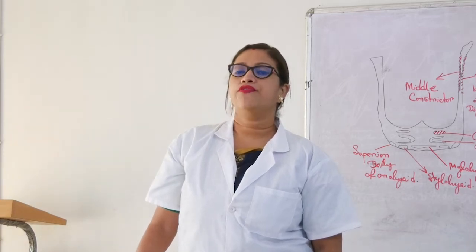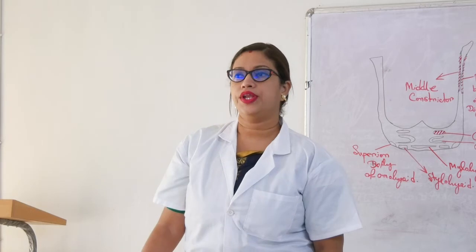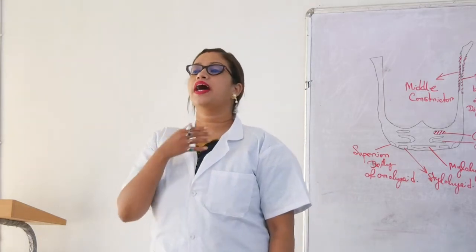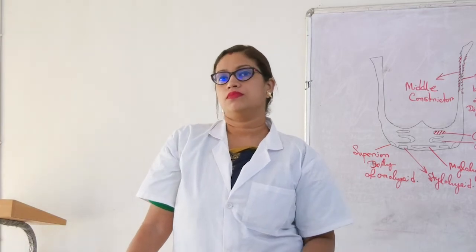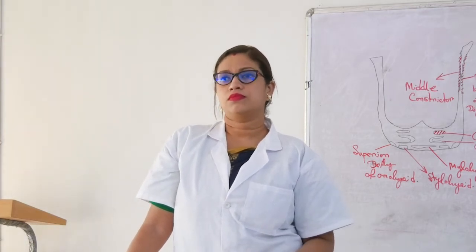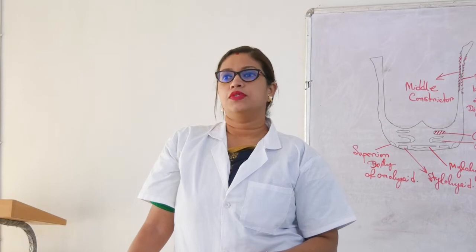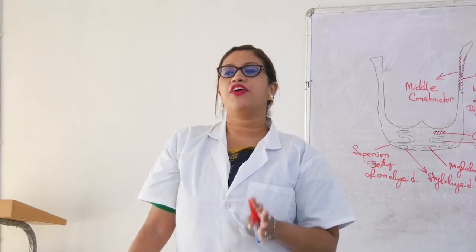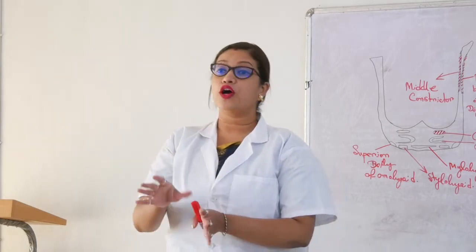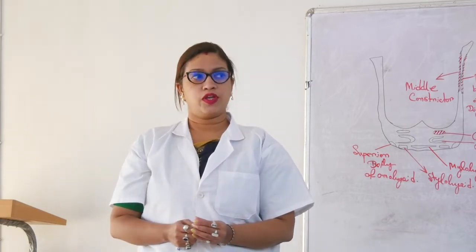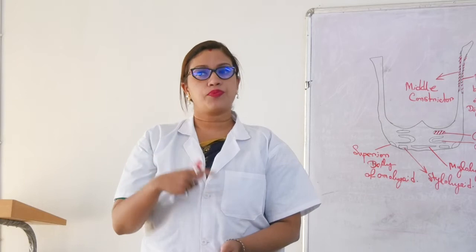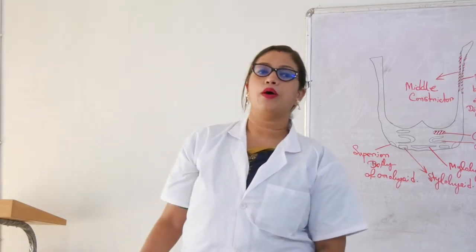And E for epiglottis, a very important structure. Behind the hyoid bone there will be the epiglottis. What is its function? It closes the respiratory tract, preventing food from getting into it. What is the function of the soft palate?